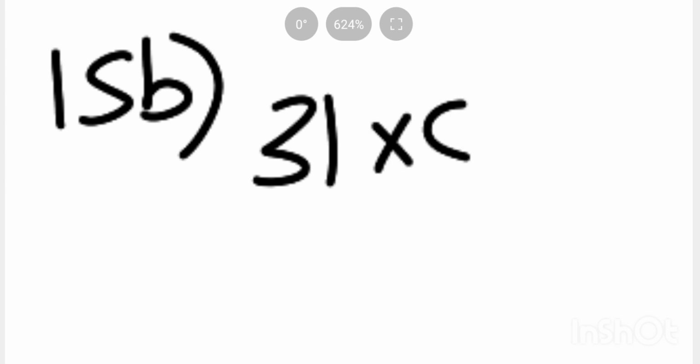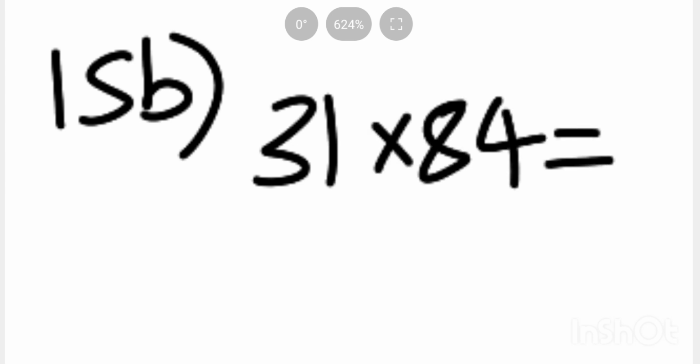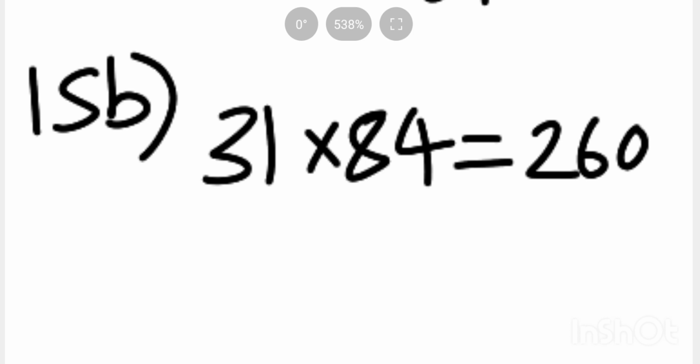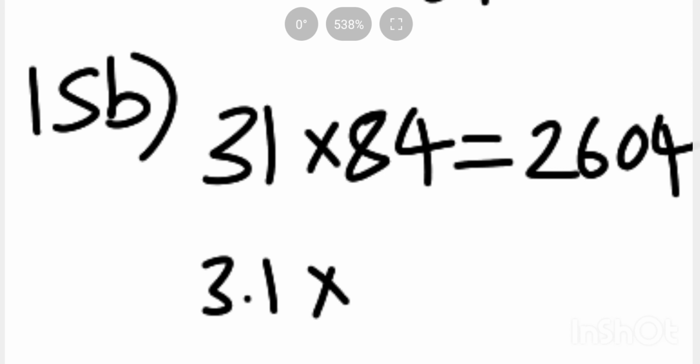15b, work out 3.1 times 8.4. So that one will be 26.04. Again, if you just write down what they've given us. To get from 31 to 3.1, you divide by 10.